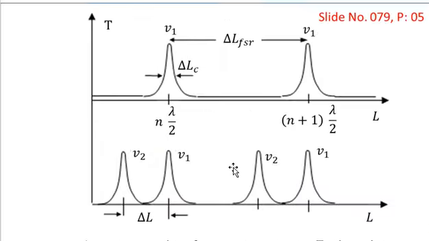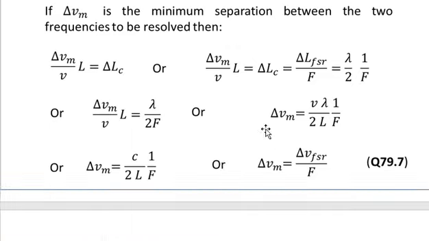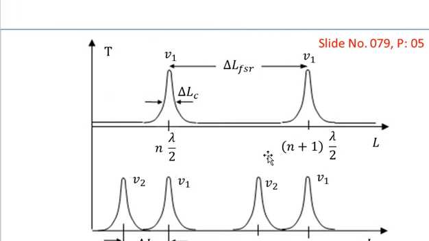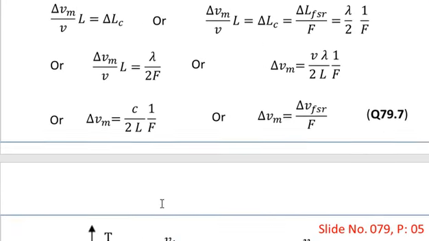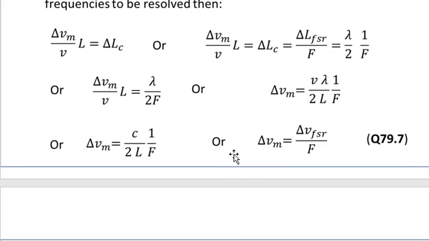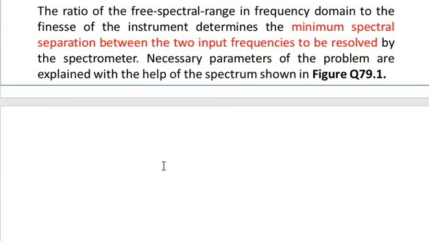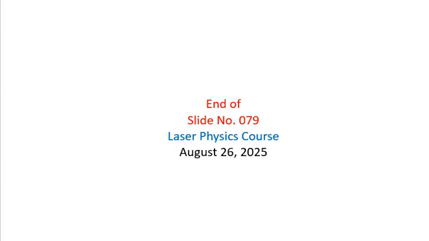So we have explained all the mathematics in this presentation, and we have also explained the figure. We have also mentioned the relationship between the two closely lying frequencies, how they are resolvable, what the mathematical expressions are for the resolution delta nu m, and how we can improve the resolution of the Fabry-Perot interferometer, which means how the two closely lying frequencies nu1 and nu2 can be resolved. So this is the end of slide number 79.